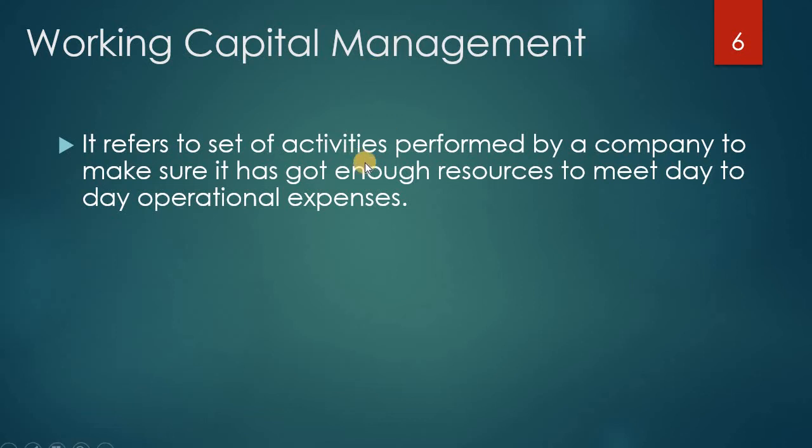All these activities are performed by a company to make sure it has enough resources to meet day-to-day operational expenses. That is what I said in the introduction part. So working capital management is nothing but, you should have enough resources in the form of current assets to meet the current liabilities or obligations.